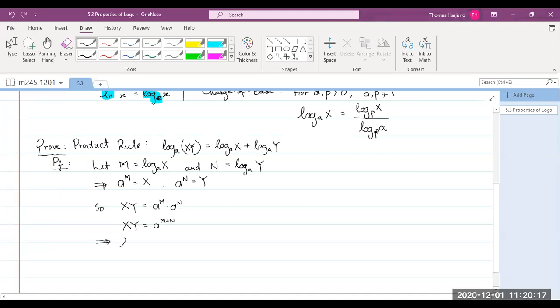The log form for this would be log base a of xy equals m plus n. But we know m, the way we defined it earlier at the beginning of the proof, m is log base a of x, n is log base a of y. That's the end of the proof.